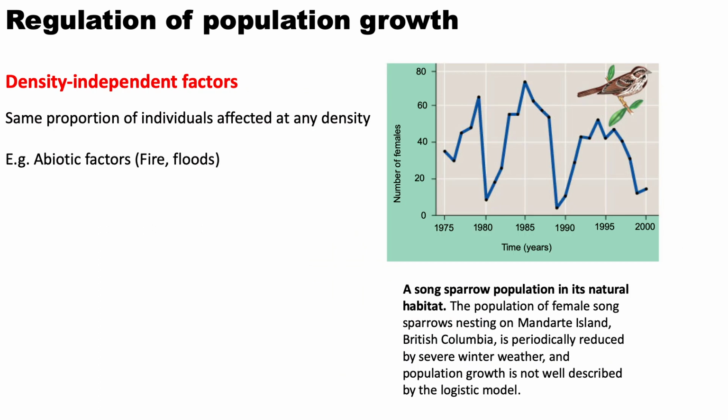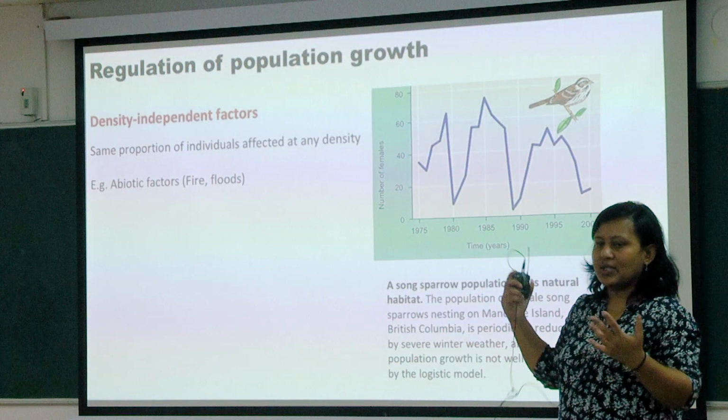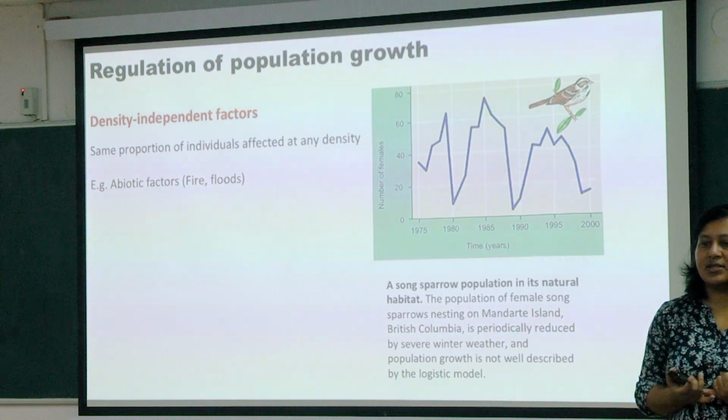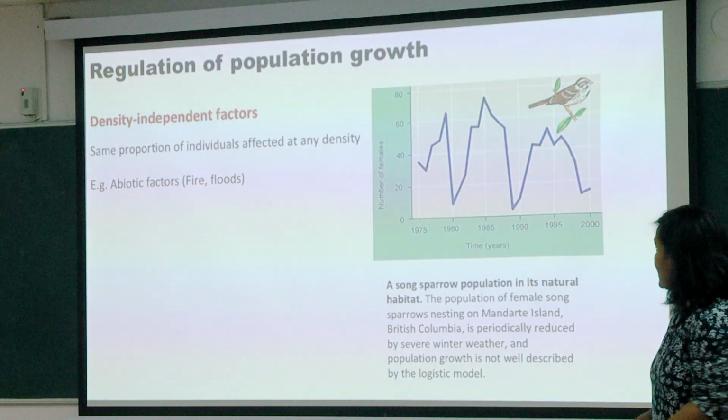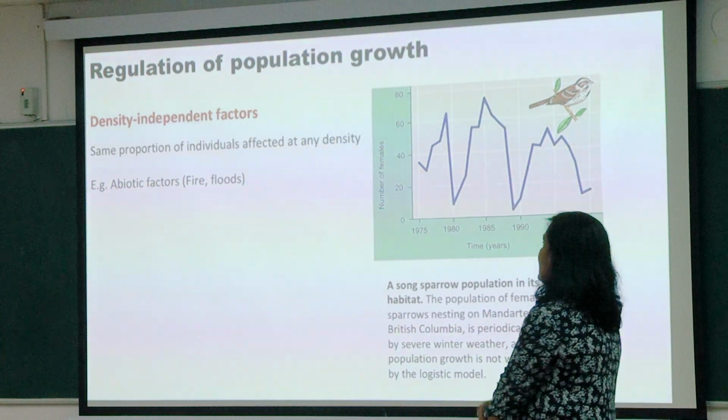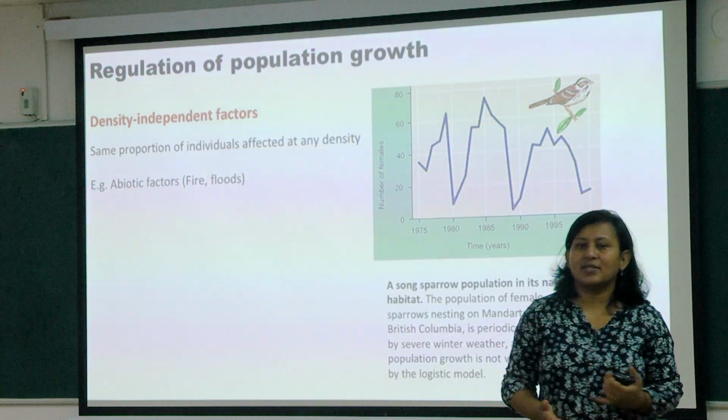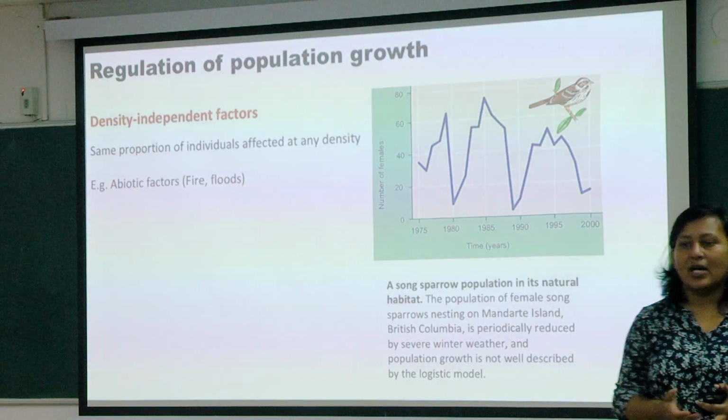Other than that, there are some other factors which influence growth rate which have nothing to do with density. In this case, the births or deaths are not a function of density. It's because of some other factors. Most often these are abiotic factors, like fires, floods, or some extremely harsh weather.